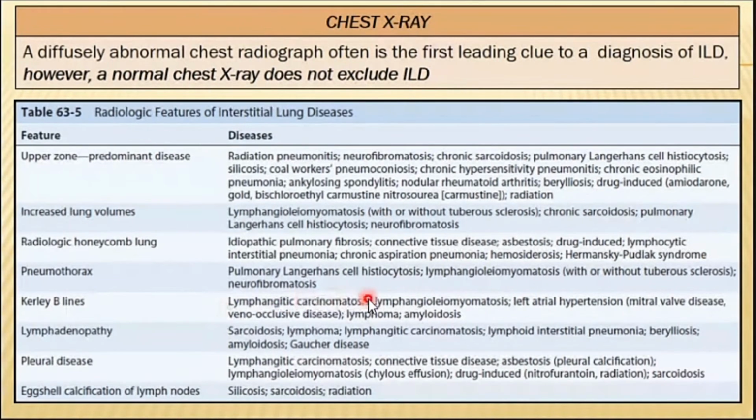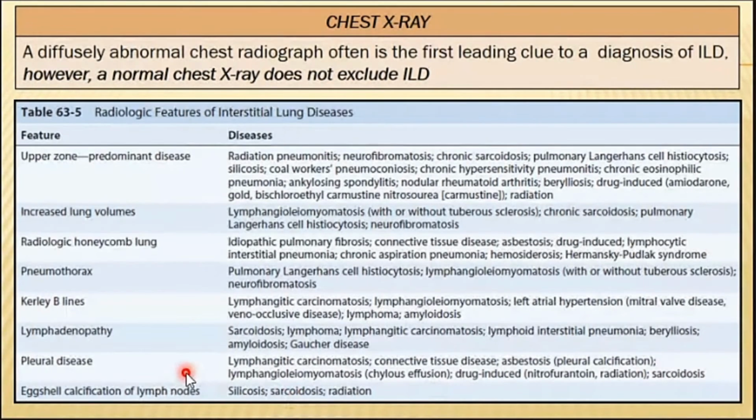Kerley B lines, lymphangitic carcinomatosis, LAM. PH can actually be a manifestation of cor pulmonale due to the ILD. Lymphadenopathy is seen with sarcoidosis, can be lymphoma, lymphangitic carcinomatosis, and others. Pleural diseases, again LAM, lymphangioleiomyomatosis, causing chylous effusion.